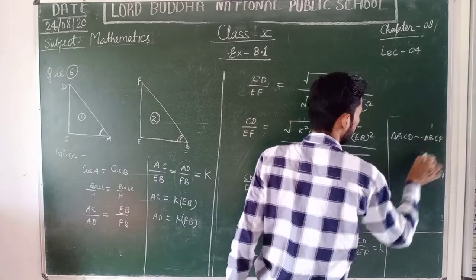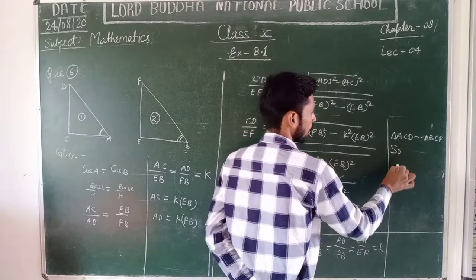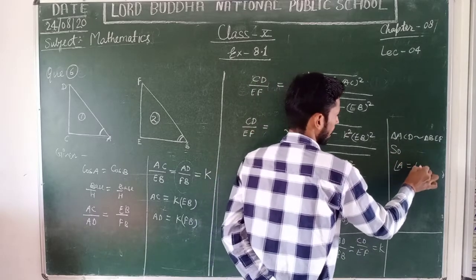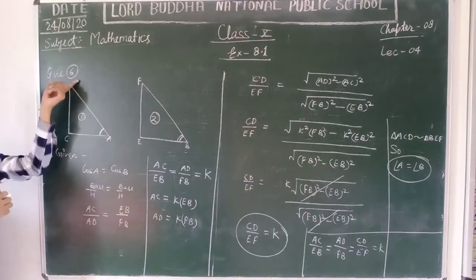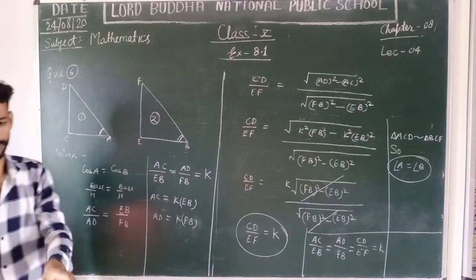These are the similar triangles. So angle A equals angle B. That is the solution for question number 6.